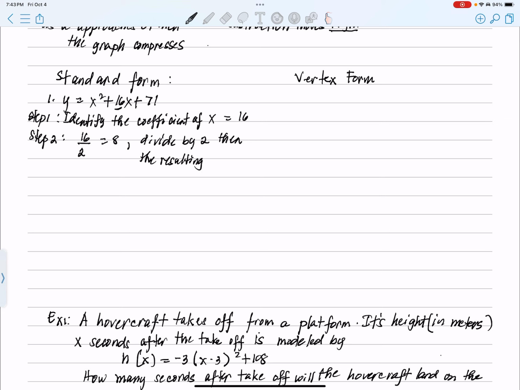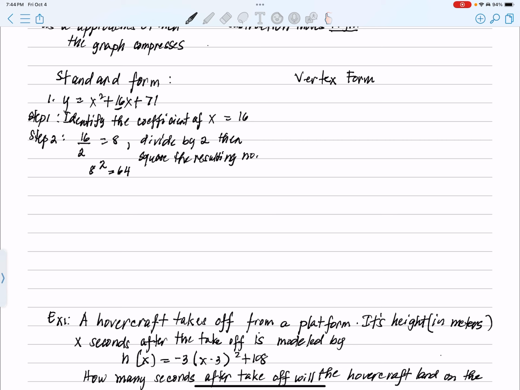Square the resulting number. So what is our number here? It is 8. So we're going to square that, and that will become 64.